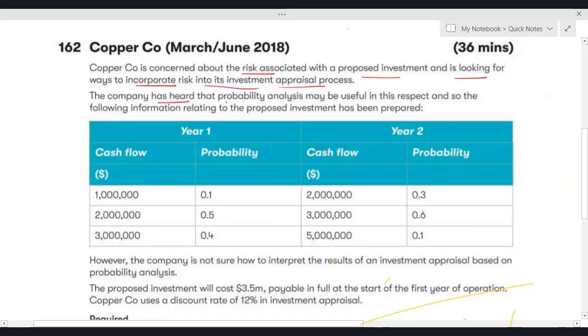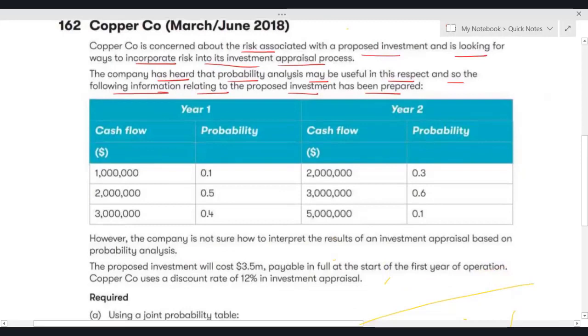The company has heard that probability analysis may be useful in this respect, and so the following information relating to the proposed investment has been prepared. Now you should be able to read the data very well. If you can read the data very well, and you know the interpretation of the data, then you can easily tackle this question. Otherwise, this question is going to disturb you.